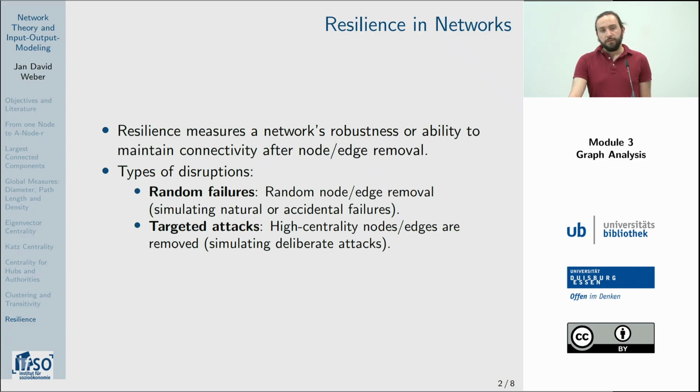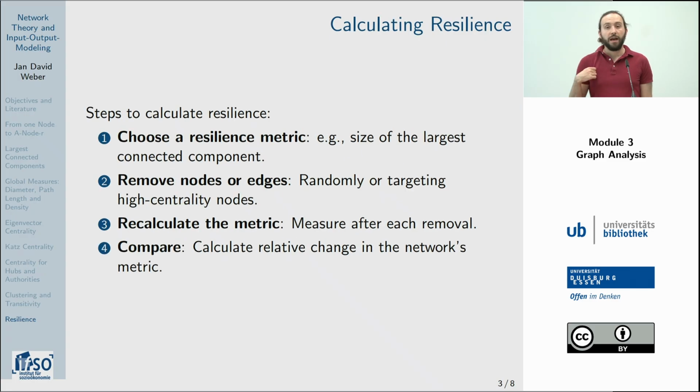And we can calculate resilience in networks in different ways. So we have to choose a resilience metric. In this case, we pick, for the example only, the size of the largest connected component. You can pick any other graph analysis tool that we have introduced earlier and compare them once we have failures.